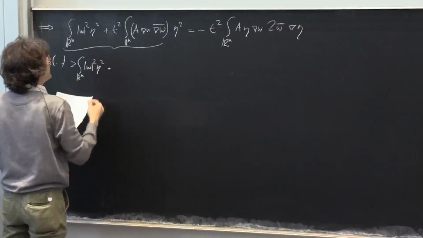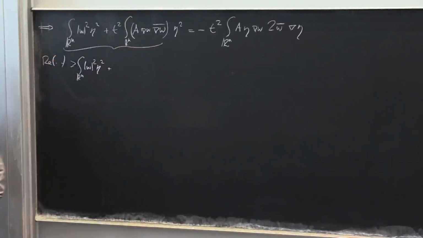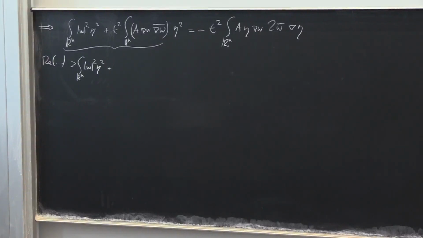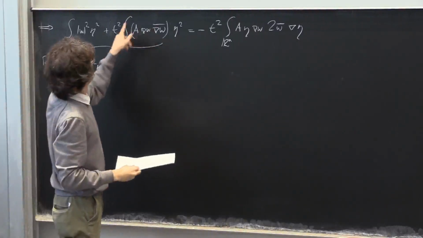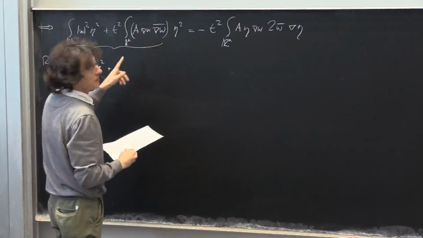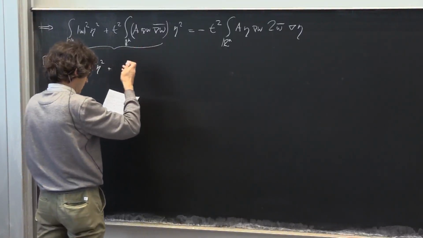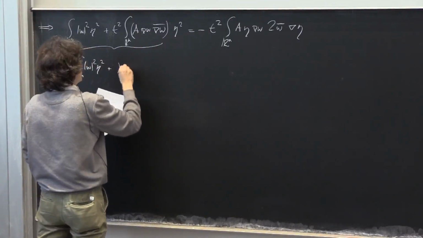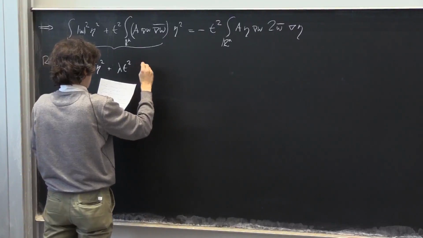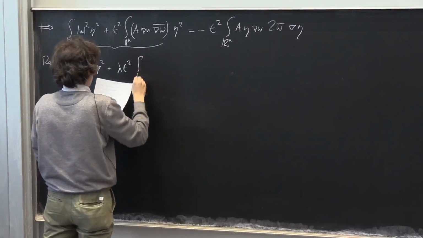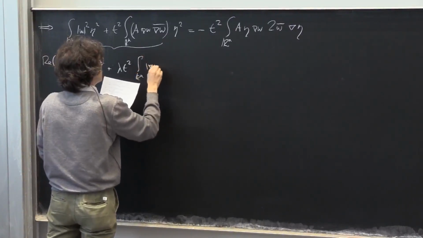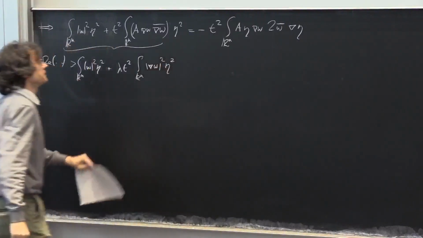And here we use the ellipticity of our coefficients. So this is a times some vector bar. So this is exactly made for ellipticity. We take the real part, and then this is greater or equal than lambda times t squared times integral over Rn gradient of w squared eta squared.